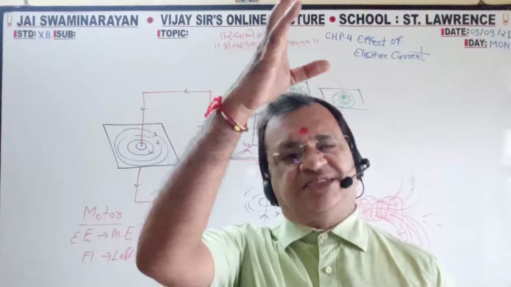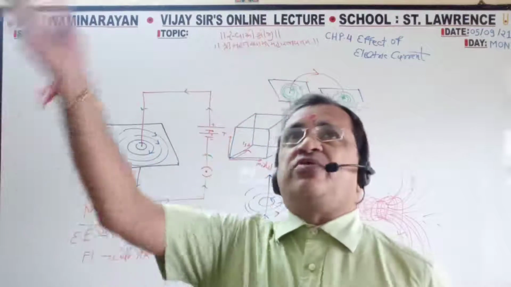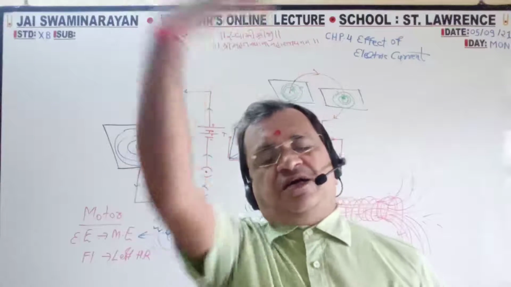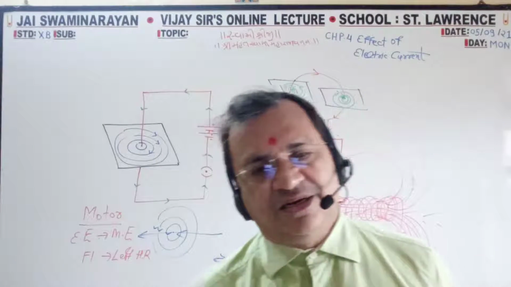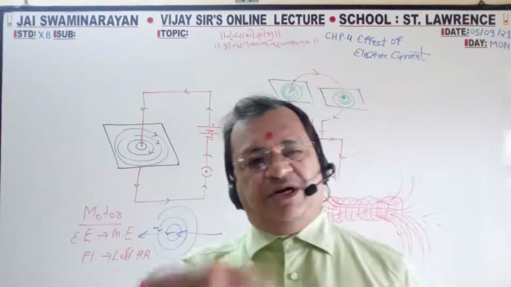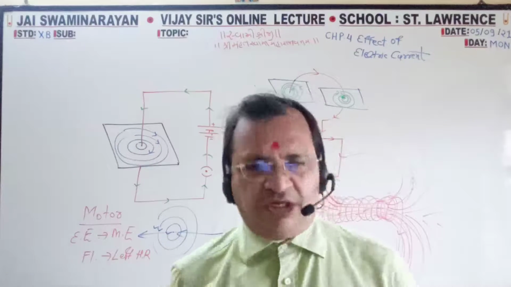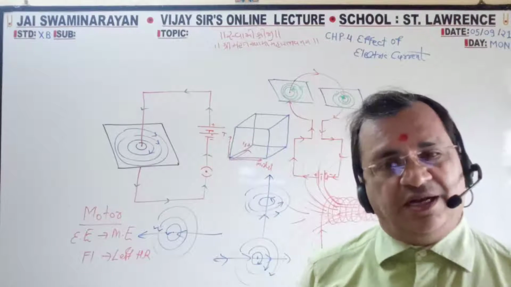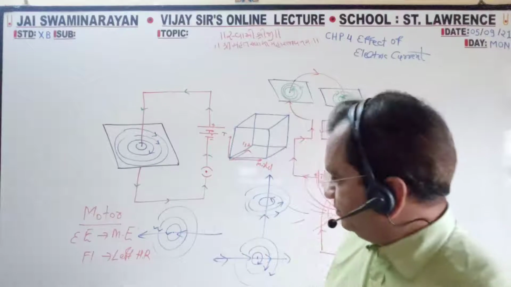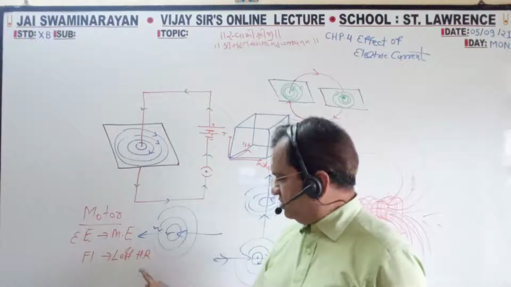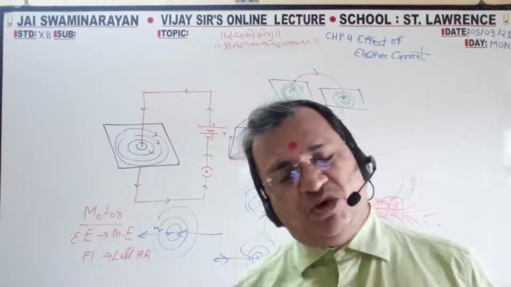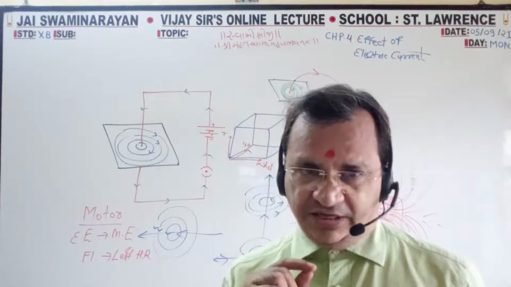Suppose a fan, inside there is a motor. We provide electric current and electrical energy is converted into mechanical energy. So the function of a motor is to convert electrical energy into mechanical energy.